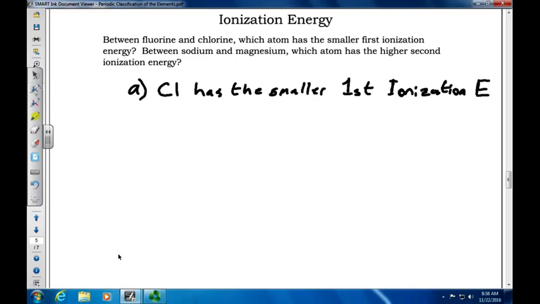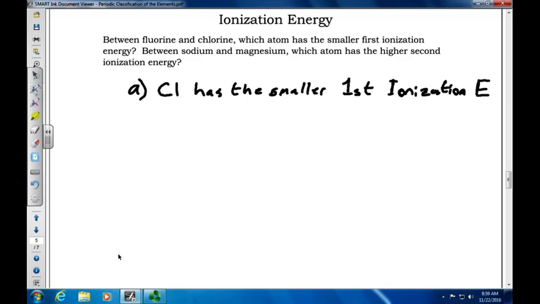Bear in mind that this question is completely qualitative. It is not quantitative at all. It is simply knowing what the trends on the periodic table mean and understanding the definition of ionization energy.